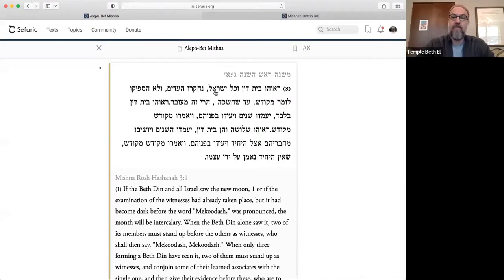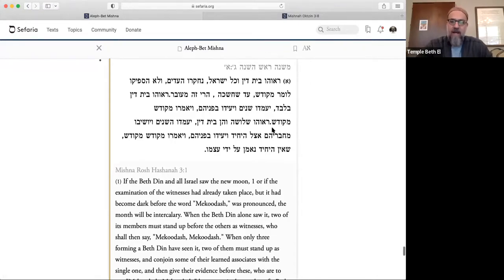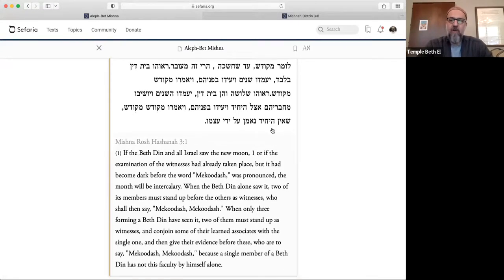Okay, now let's look at this Mishnah. Ra'uhu Beit Din v'chol Yisrael. If the Beit Din and everybody else, all of Israel, saw the new moon, or if the examination of witnesses, meaning witnesses came to this court, to this Beit Din, and said, we saw the moon, and they grilled them, they examined the witnesses, but it had become too dark.